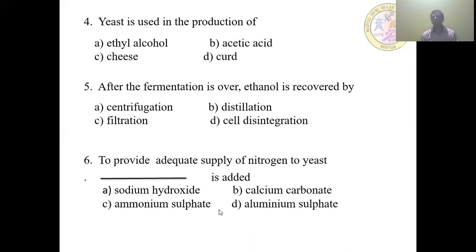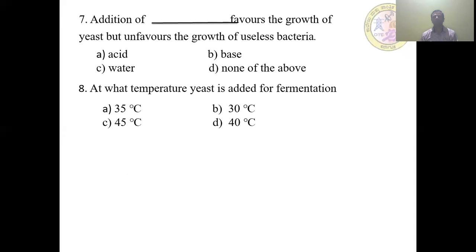Acidic conditions favor the growth of yeast but not bacteria, because in an acidic medium the yeast will grow fast. At what temperature is yeast added for fermentation? At 30 degrees, it is added for fermentation.